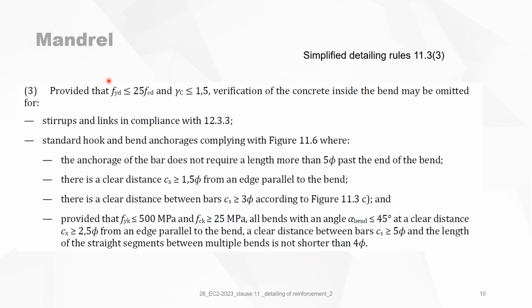It states that provided that this condition is prevailing, then the verification of the concrete inside the bend of the mandrel may be omitted. For what? It may be omitted for stirrups and links, and it may be omitted for standard hooks and bend anchorage complying with the figure, and then all this must be true.